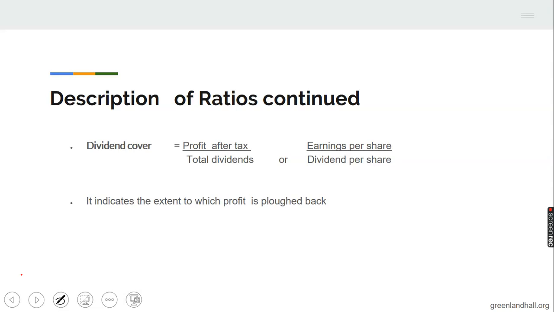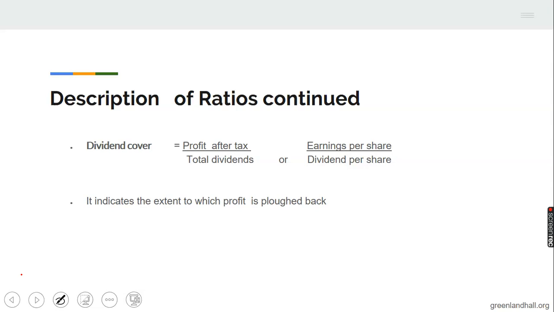We equally have dividend cover. This is determined by the ratio between the profit after tax and total dividends, or earnings per share over dividend per share. So it could be either of the two. It could be profit after tax divided by total dividends, or earnings per share divided by dividend per share.